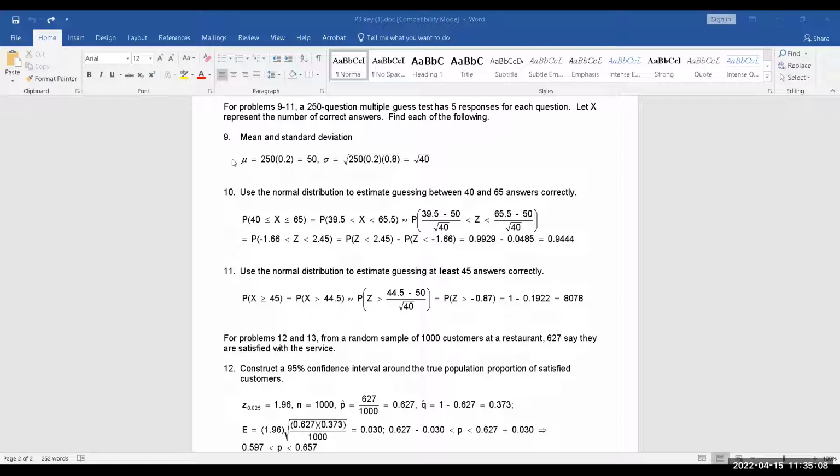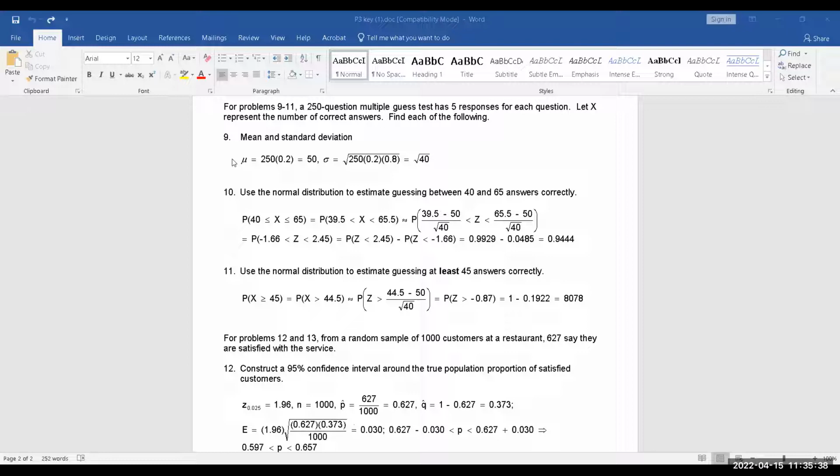So if I played it, let's keep it simple, I play it 38,000 times, then I ought to win 18,000 times, because my probability of winning is 18 out of 38. That's what I should see in the long run. Again, we've referred to that before. It's called the law of large numbers. When you do the same thing over and over again, what you see is exactly what you're supposed to see. So in a 250 question test, you should get 50 right if you're guessing on every single question.